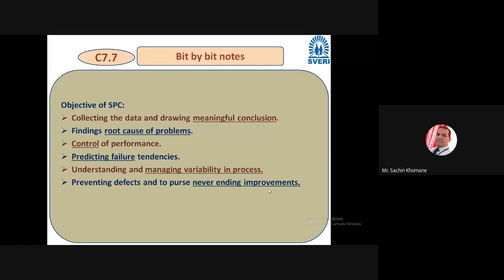Then predicting the failure tendencies. Suppose your vehicle is there. Okay, you have produced one vehicle. Now all customers came to you. Product may be in warranty.